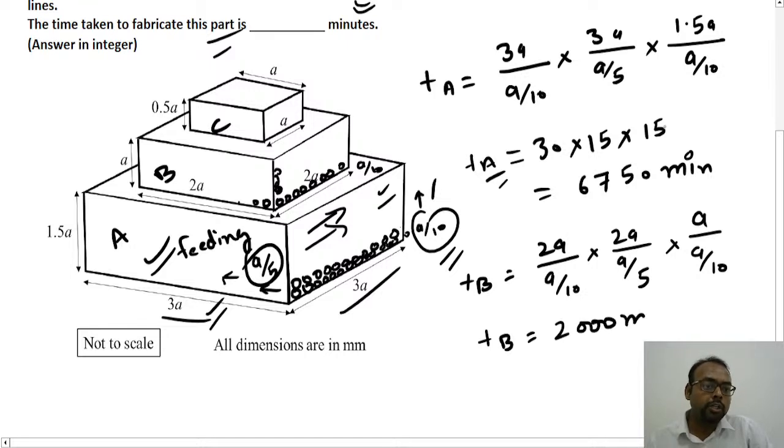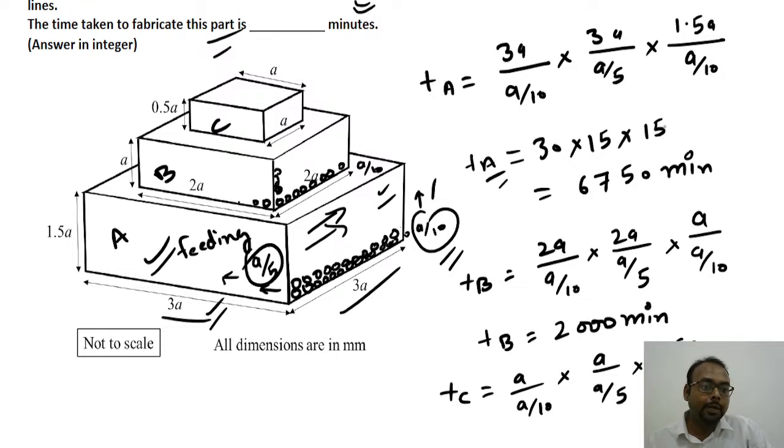Now the last layer, the last cube, that is TC, and TC will be given by a divided by a by 10, multiplied by a divided by a by 5, multiplied by 0.5a divided by a by 5.